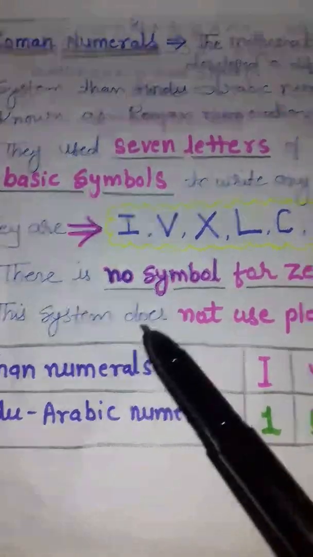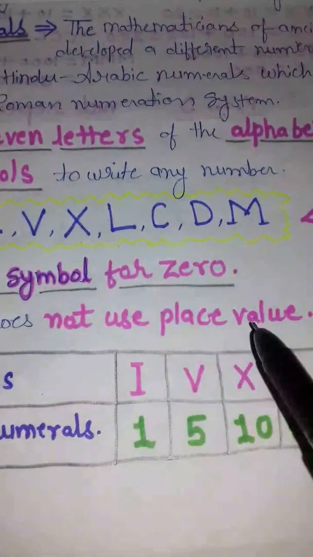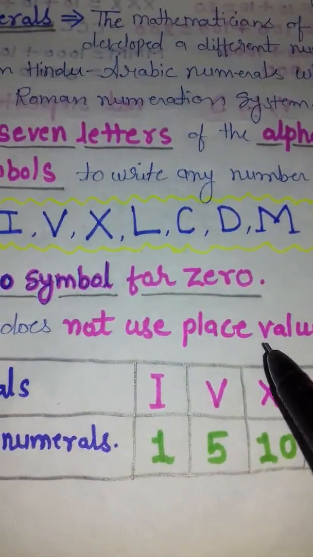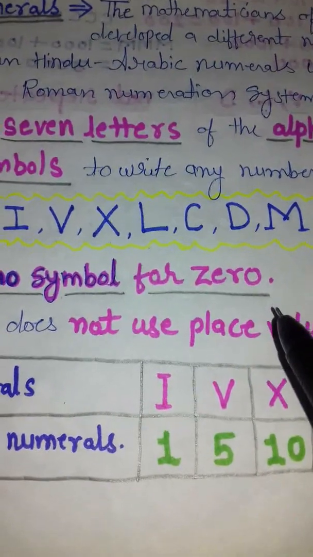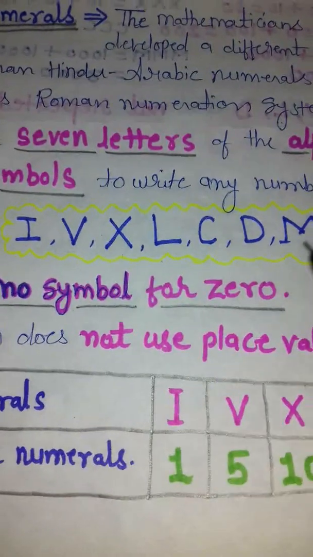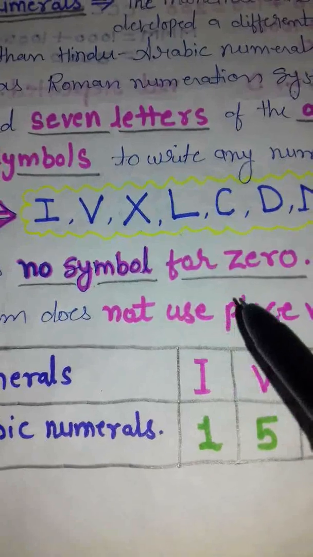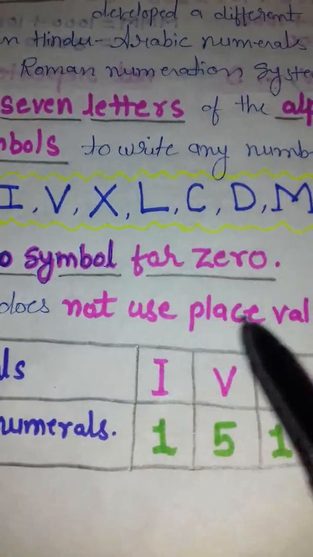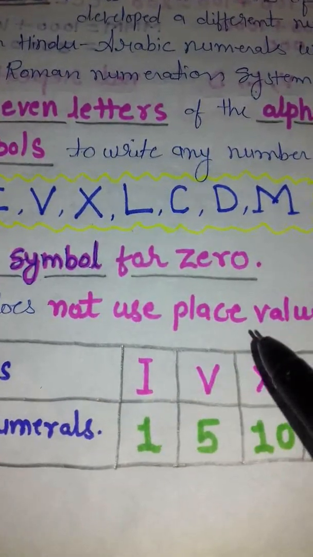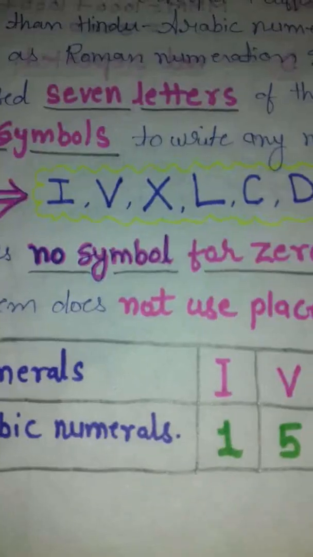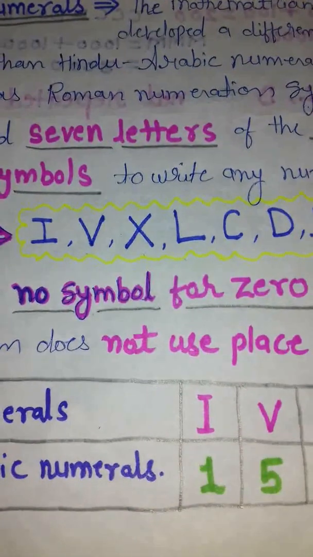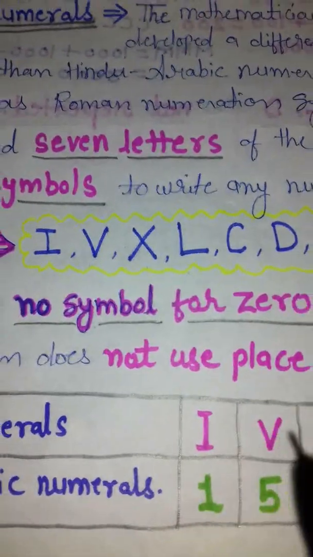Now, these symbols do not use place value. What is the other difference between these two? That this Roman system is not based on place value. It does not work according to the place value system.